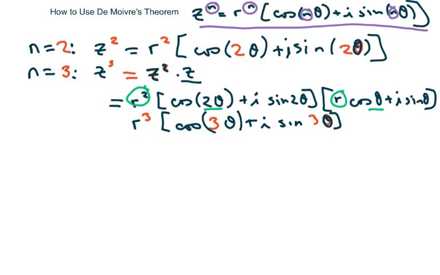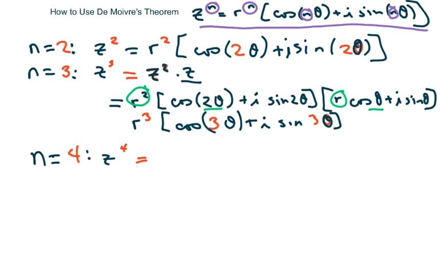So when you do 4, I'm not going to do the whole thing. Let's just do what it's going to equal. You get z to the 4th. And what do you think it's going to be?